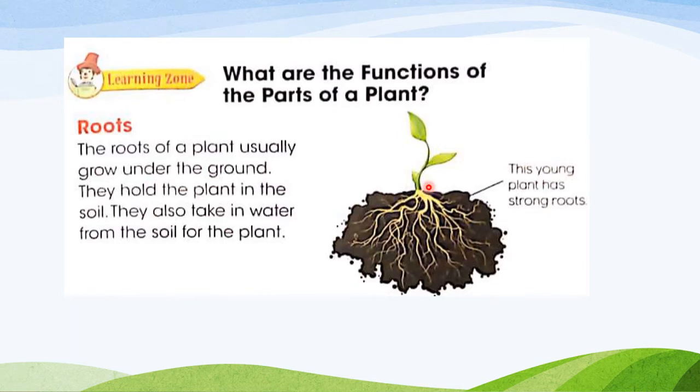They also take in water from the soil for the plant. Young plants have strong roots. Here is a young plant. It is a small plant, but it has strong roots. Okay, these are roots. And what is the function of roots? They take in water from the soil.